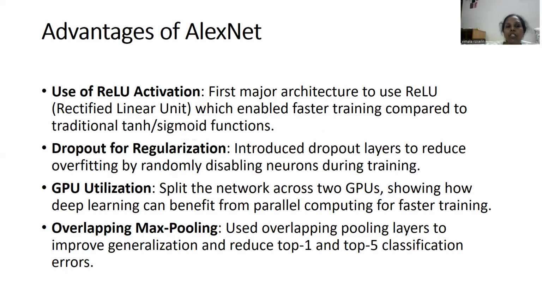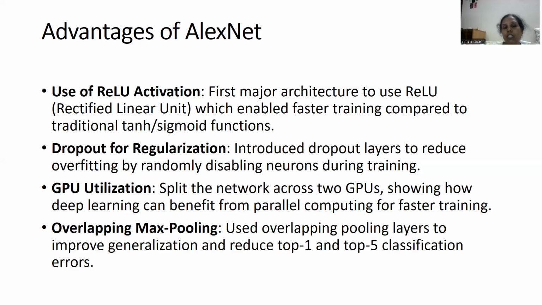Here some advantages are given for AlexNet. First, the use of ReLU activations. It was the first major architecture to use ReLU, rectified linear unit, instead of the tanh activation, because it enables faster training compared to the traditional one. Dropout regularization is used to reduce overfitting by randomly dropping neurons during training.